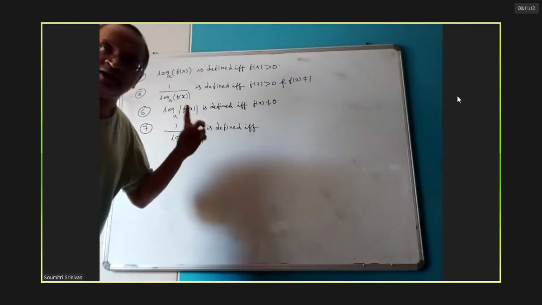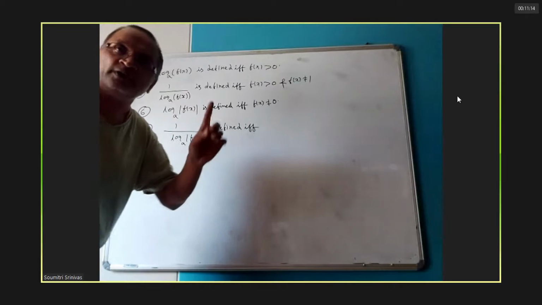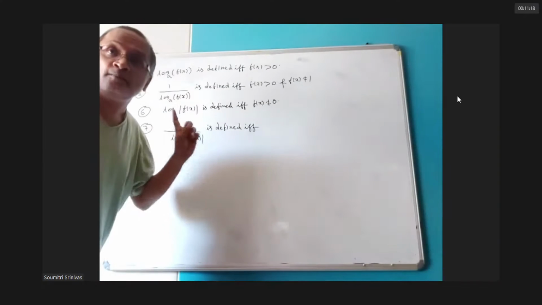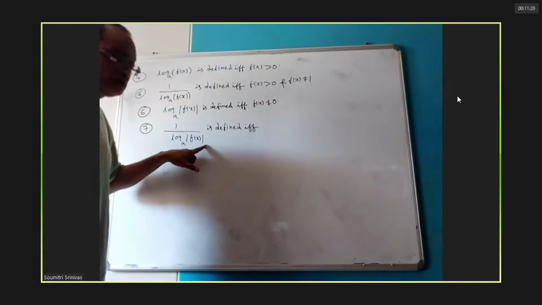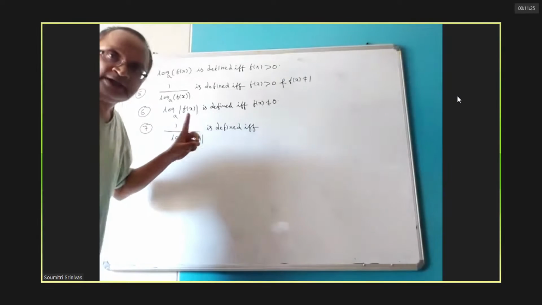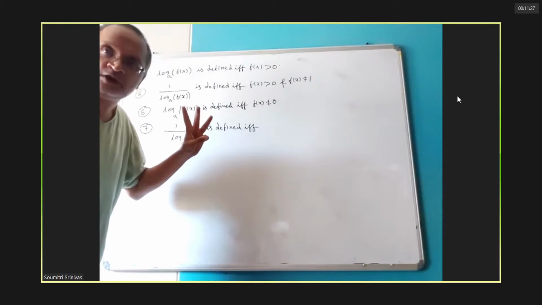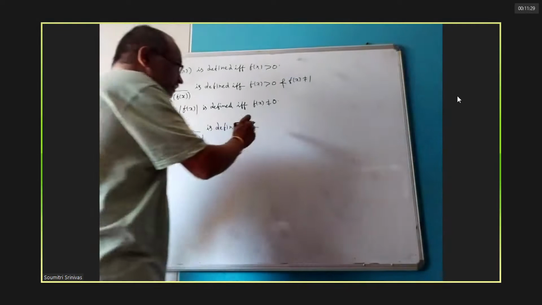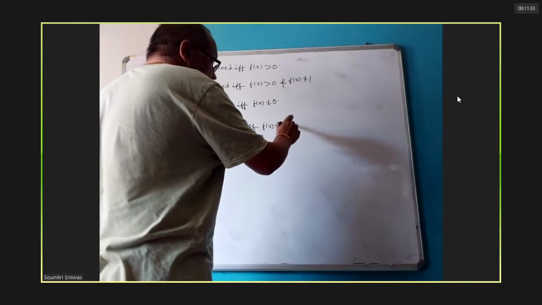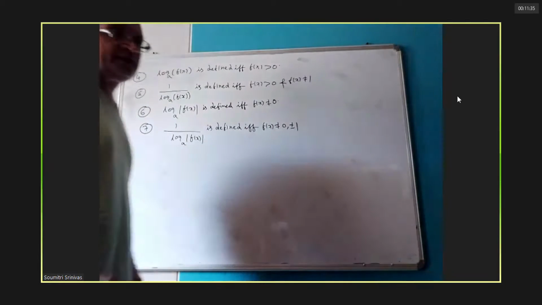What are the other values f of x cannot take? F of x cannot take 1. It cannot take -1 because it is in modulus. It can take a negative also. It cannot take 1, it cannot take -1, it cannot take 0. That means if and only if f of x is not equal to 0 and plus or minus 1.